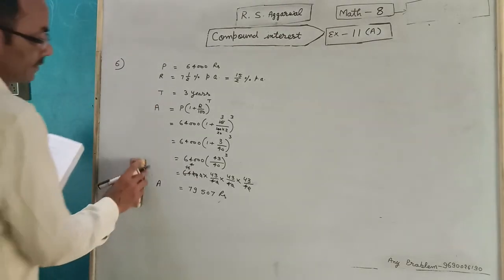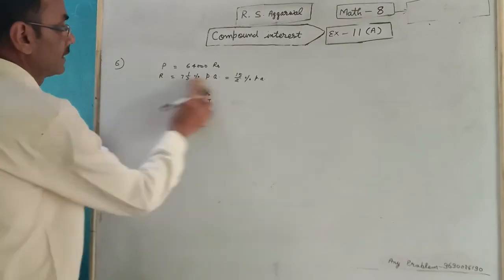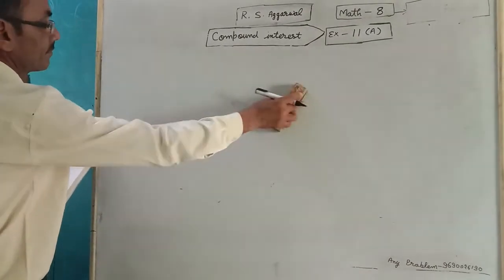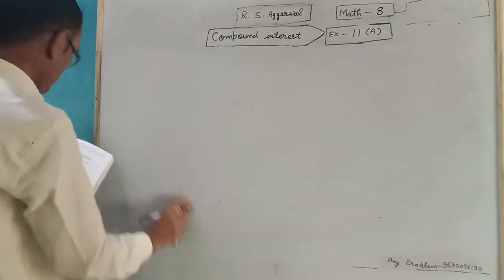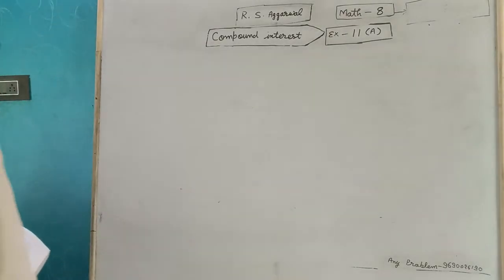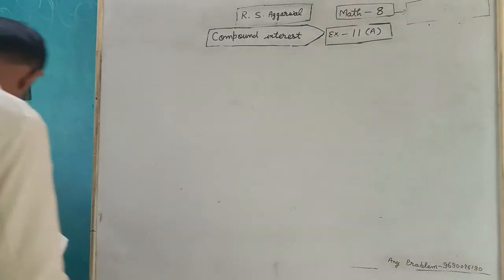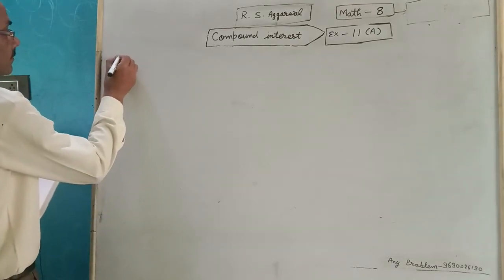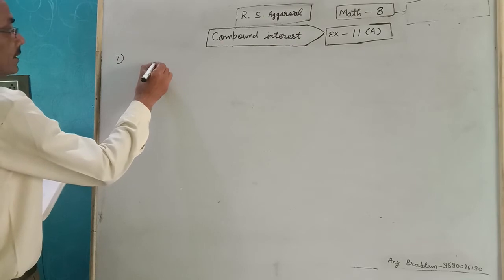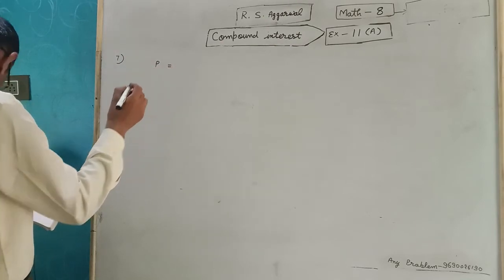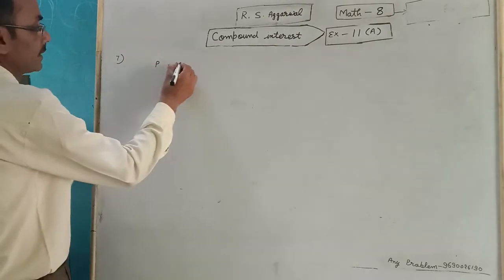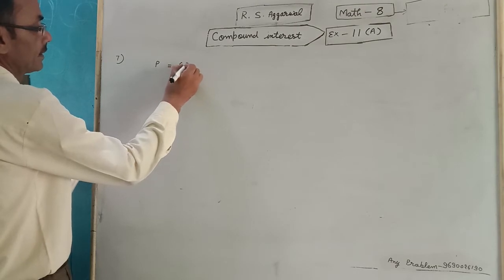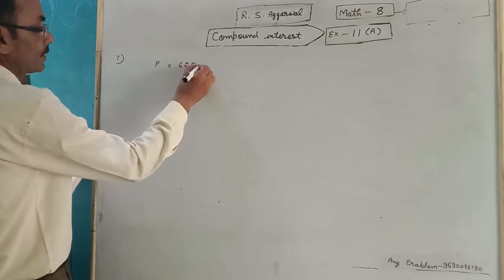Question 7. Divakaran deposits a sum of 6,250 rupees.